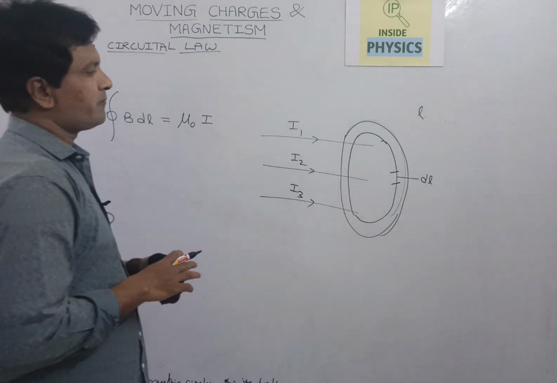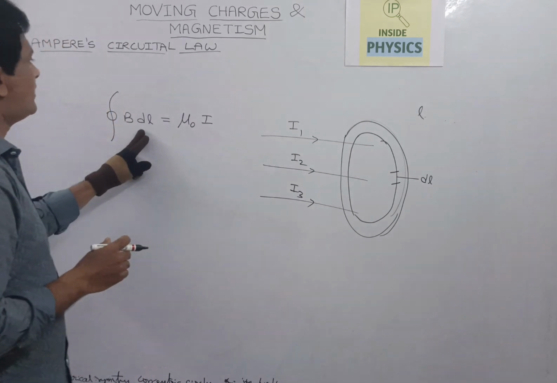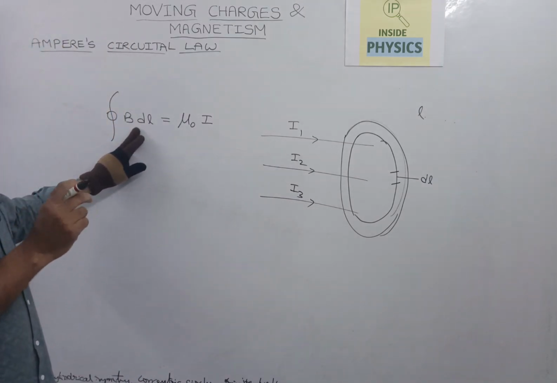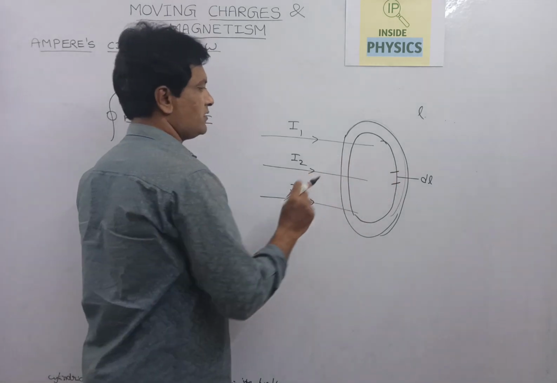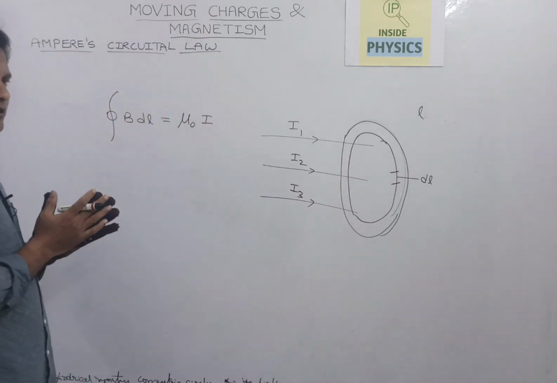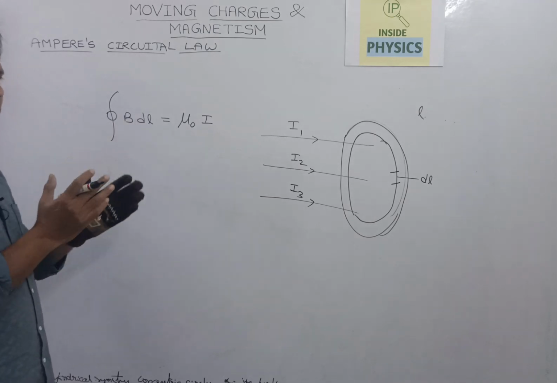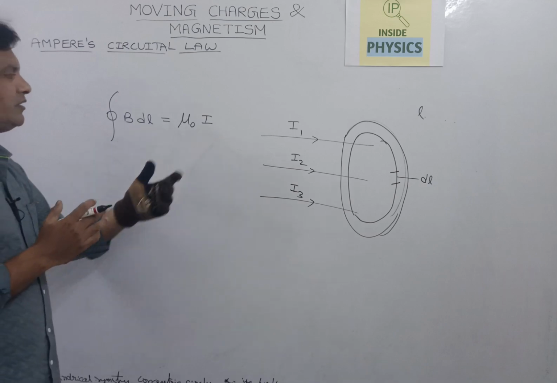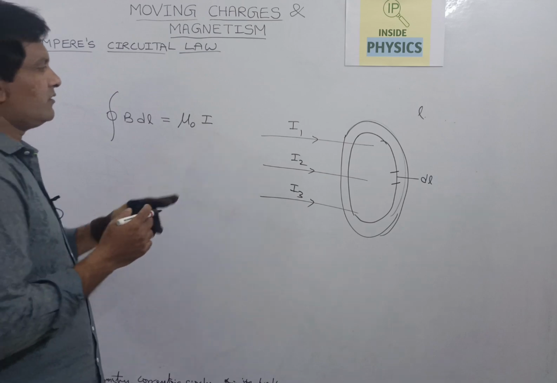In that we have taken a small length element, and this element is multiplied by the magnetic field, and while the length element goes smaller and smaller, the number of these lengths will increase, and if you sum all the lengths and the magnetic field multiplied by them, we will get the total magnetic field. So this is the form of Ampere's circuital law. So if you observe I, what is I?